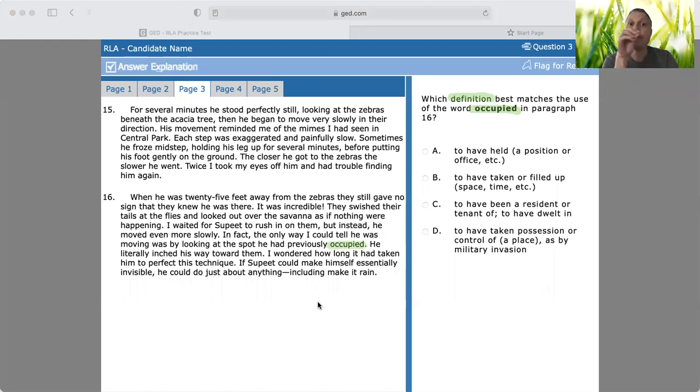So then he moved a little bit, like an inch or two. By looking at where he was before, you know that he truly moved, right? So that's the key here. Occupied, space, where are you, right? Time. So we're going to use elimination again.